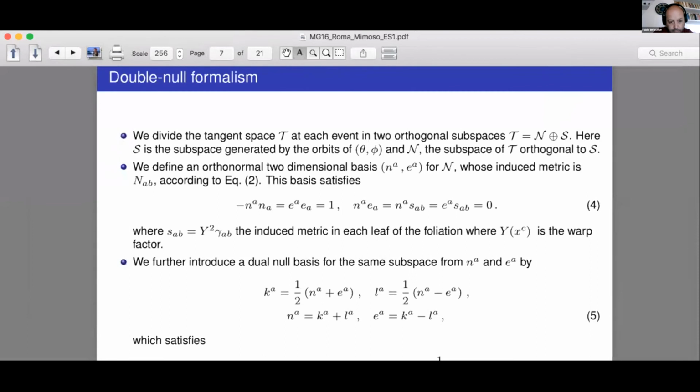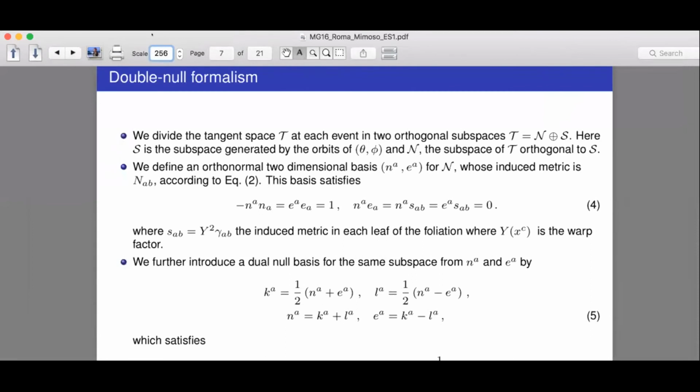Let's see if I can find it. It's not sharing yet, is it? No, not now. Just a moment. This one?